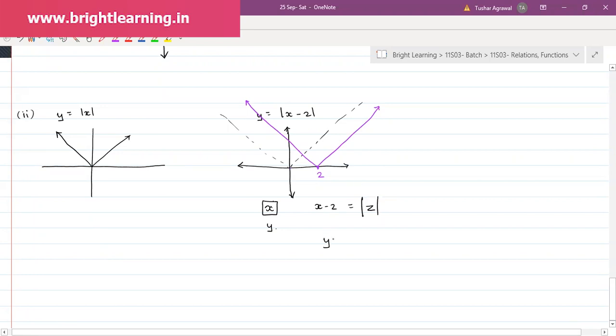I'm plotting y is equal to mod of z. On the x-axis, I have to take modulus of, don't think about the z-axis, I'm just thinking on the x-axis. I have to take the value of z equal to the initial.